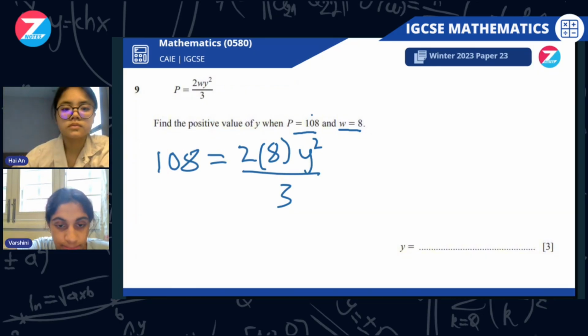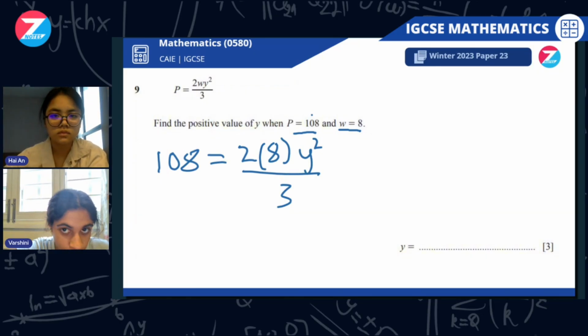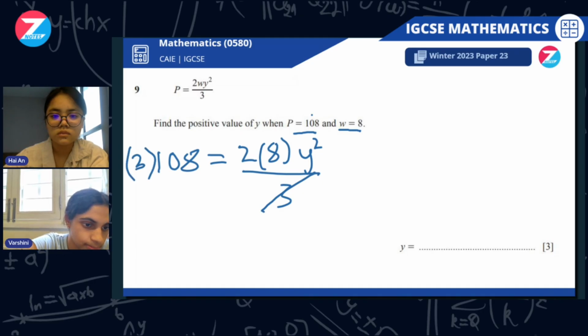Now, let's make y the subject of the formula. First let's get rid of the 3 on the denominator by multiplying both sides by 3. And now let's get rid of the 2 into 8 on the numerator by dividing both sides by 2 into 8, because it's being multiplied by y squared, so instead we divide.